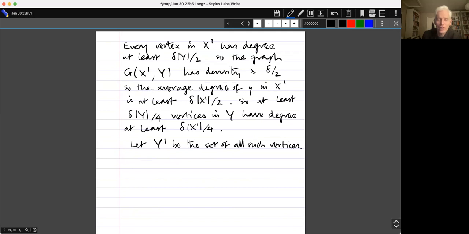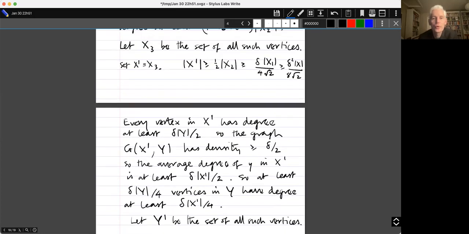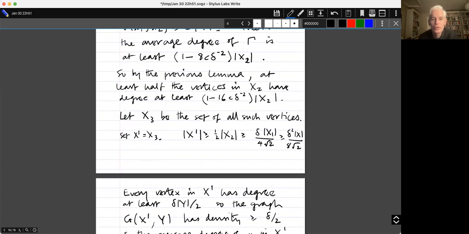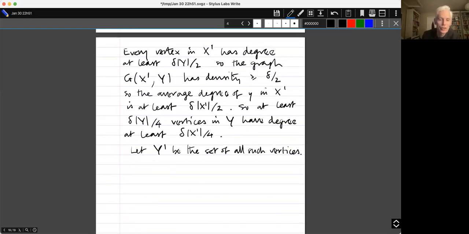Now we want to show that every vertex in x dashed is joined to every vertex in y dashed by lots of paths. And before we do that, we're going to have to choose what C should be. So let x belong to x dashed and y belong to y dashed.